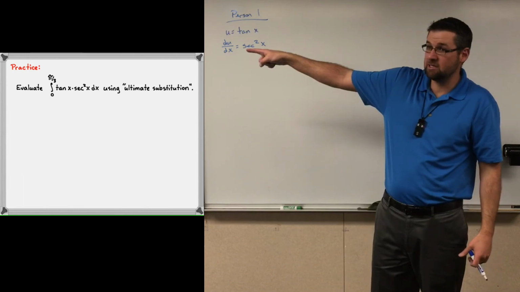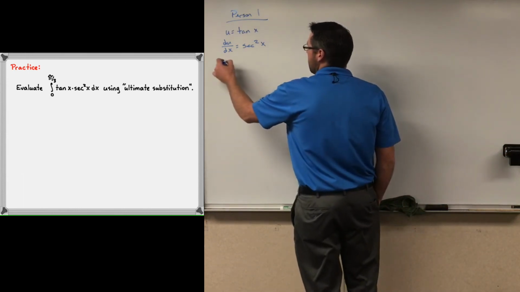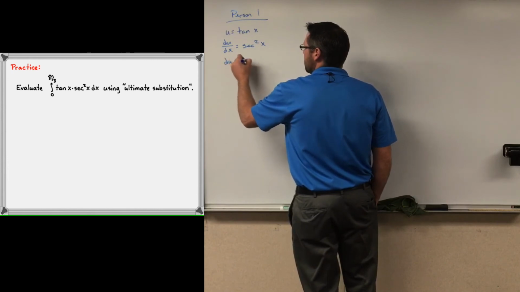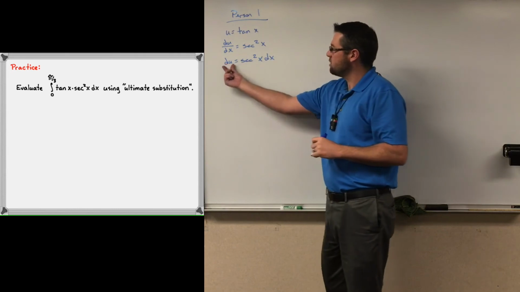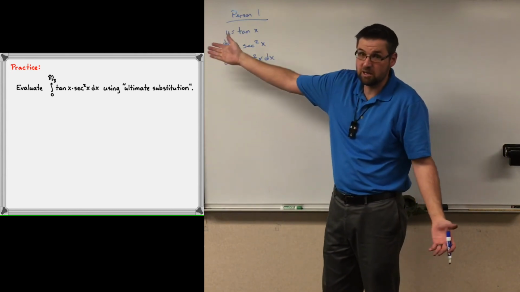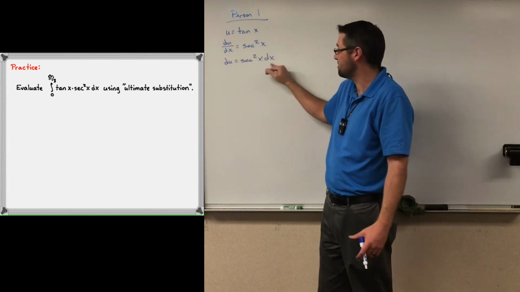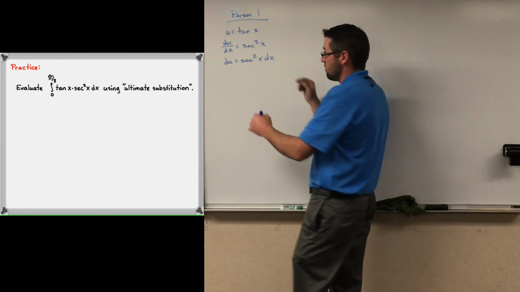Because you got tangent x and secant squared x in there, right? So that's good. So watch this. I'm going to shortcut this a little bit. Hopefully intuitively you can see it. You see how du equals just secant squared x dx? Secant squared x dx is already there. So I could solve for dx, and that's fine, and you'll see the secants cancel out. But I'm just going to replace it right now.